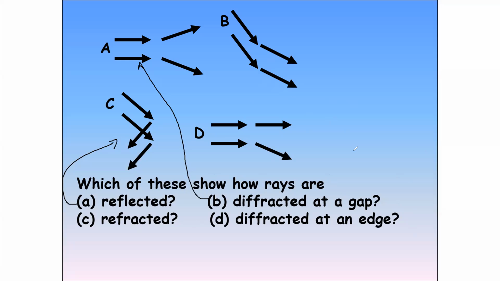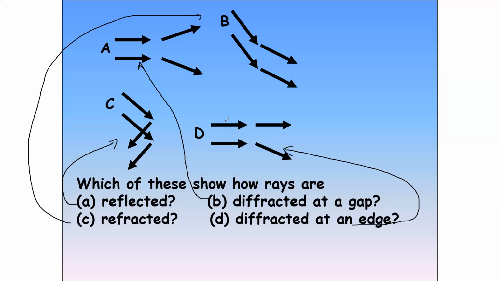Refracted means the wave which changes its speed only. So C is representing a refracted ray, and which is diffracted at the edge? At the edge you can see only part of the wave is diffracted.